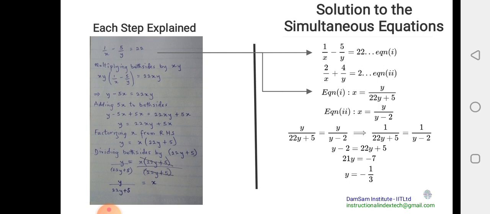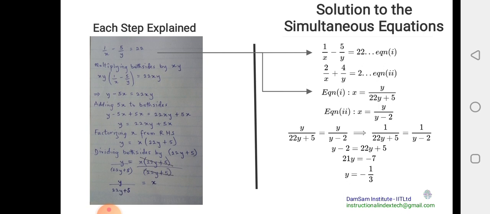The first step we did was multiply both sides by xy, and after we do that, we obtain y minus 5x is equal to 22xy. Again, we add 5x to both sides, and we have y is equal to 22xy plus 5x.